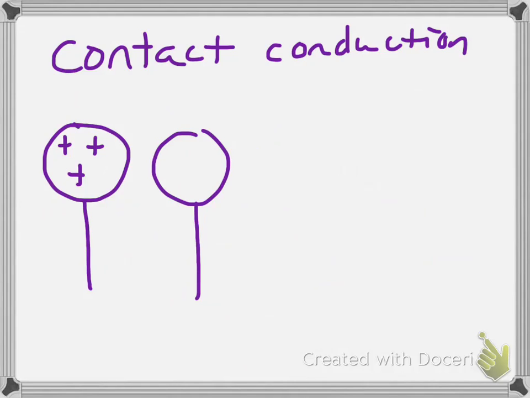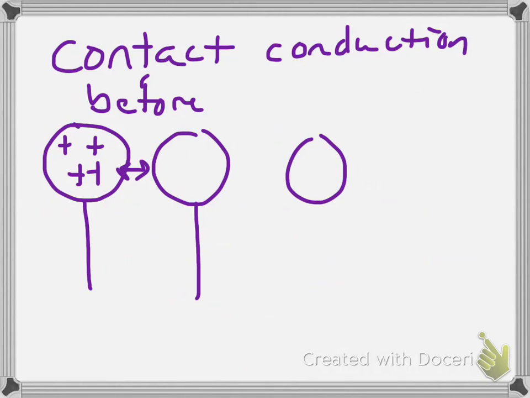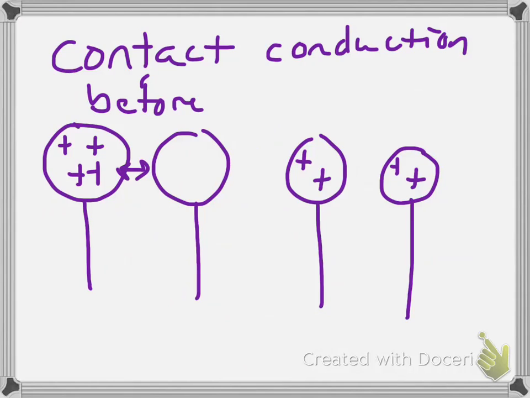Okay? Let's put another charge on there. So as these two come in contact, things in nature want to balance out their charge, just naturally. Okay, so this would be the before, and then after they come in contact, it would look like this. Okay, two positive charges on that one, and then two positive charges on this one.